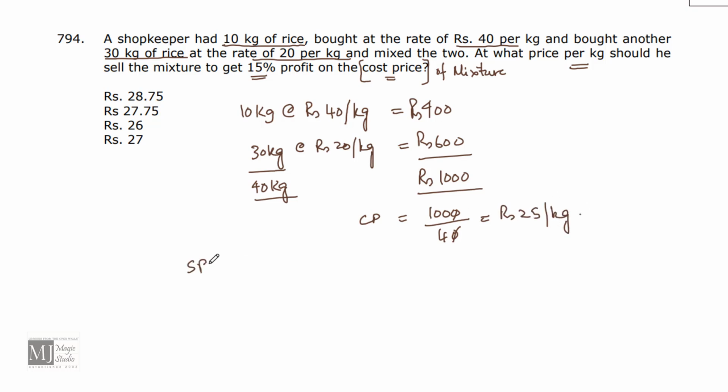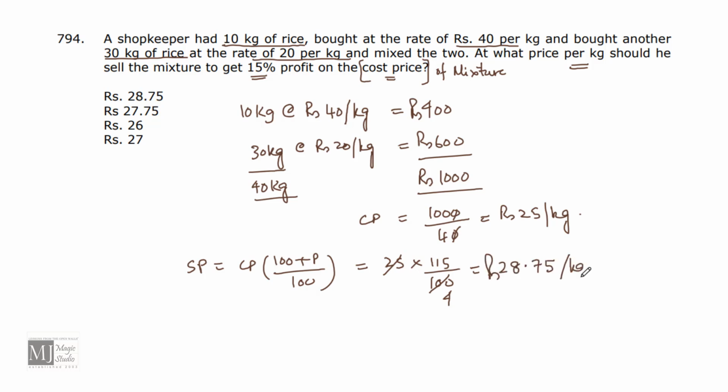Now he is selling at 15% profit, so the selling price would be CP into (100 plus profit) by 100, isn't it? So that is 25 into 115 by 100, which gives 28.75. So the selling price of the mixture should be 28.75, option A, so that he can make 15% profit.